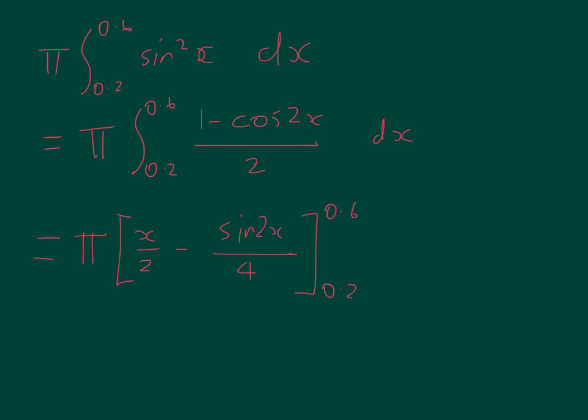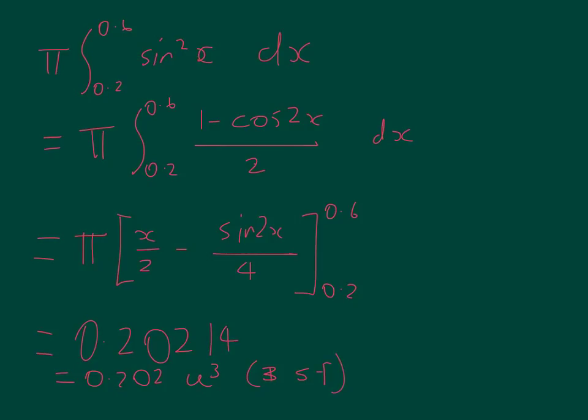Now if you go and substitute into that, you do end up with our value there. Here we end up with 0.20214, which is 0.202 cubic units to 3 significant figures.